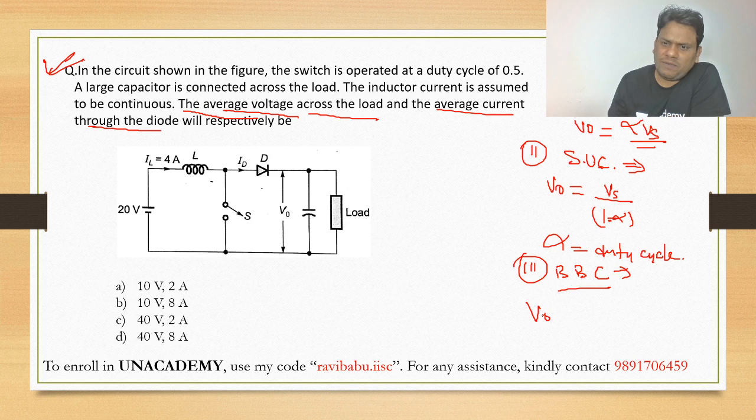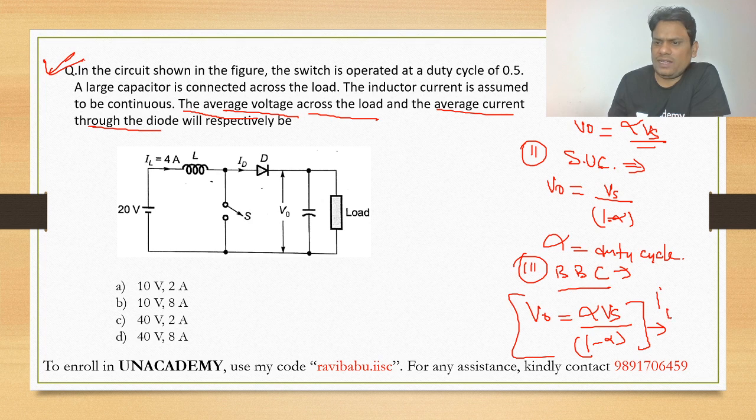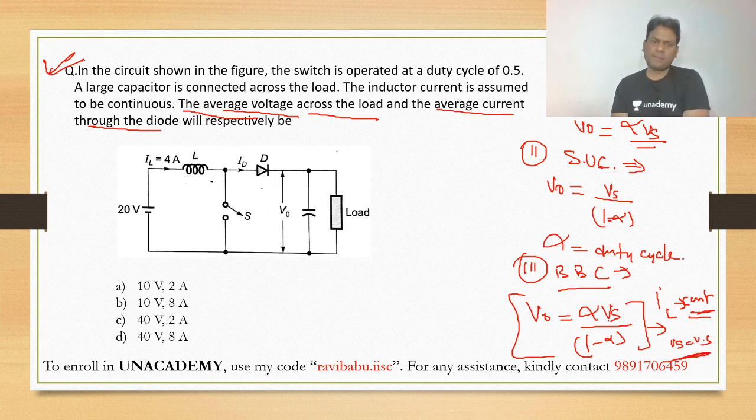So for this we have the formula alpha into Vs by 1 minus alpha. Again dear, this formula is valid when IL, the inductor current, is continuous and the volt second criteria must be satisfied in all cases. Otherwise we are not supposed to use this formula.